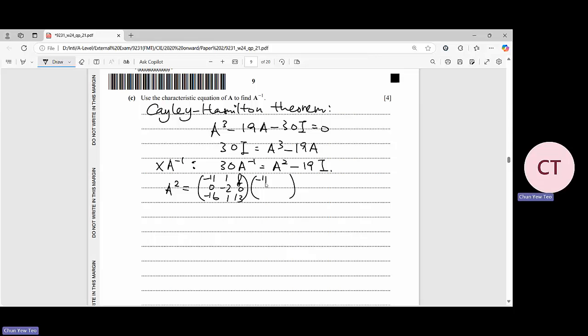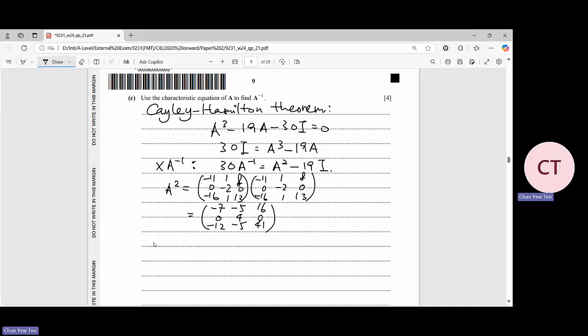So similarly, you multiply the same matrix: 1, negative 2, 1, 8, 0, 13. So just expand that and simplify it. You will get this one as negative 7, 0, negative 12, negative 5, 4, negative 5, 16, 0, and 41. Then we'll get A squared.